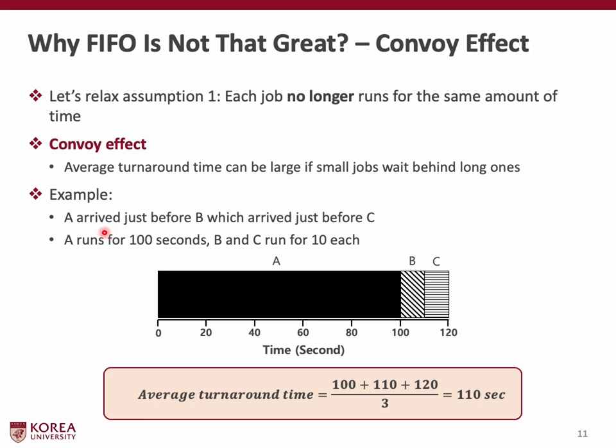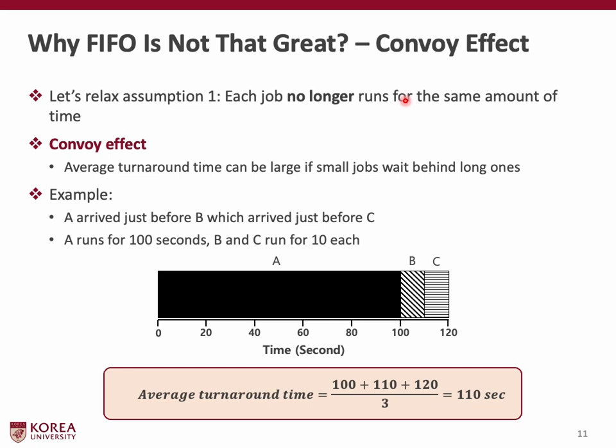And just like the previous example, A enters the ready queue first, followed by B and then C. But this time A runs for 100 seconds, while B and C only need 10 seconds each. And FIFO sticks to a fixed order, so the scheduler runs job A first. This means B and C have to wait a long time before they even get to start.